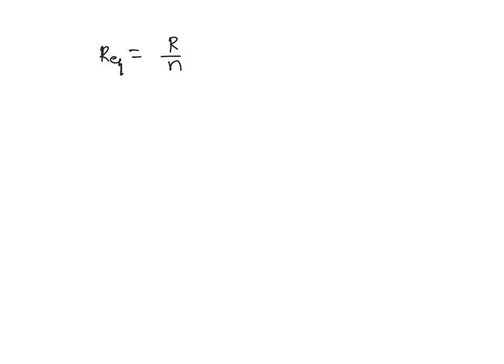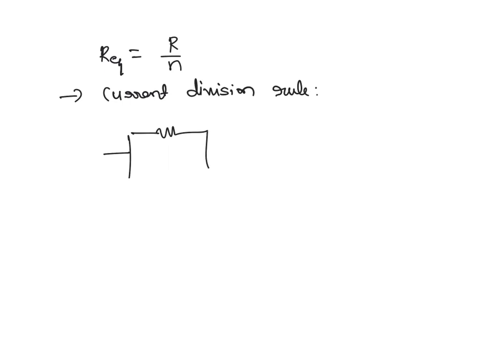Now the current division rule is very much important here. Let me explain that. Suppose we have a parallel connection like this, with R1 and R2.